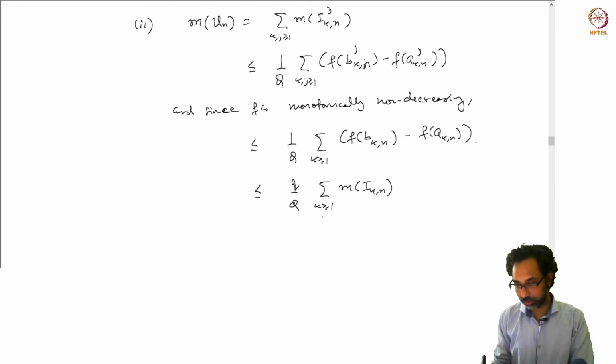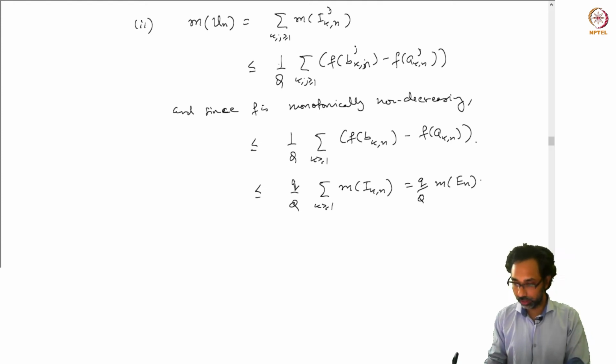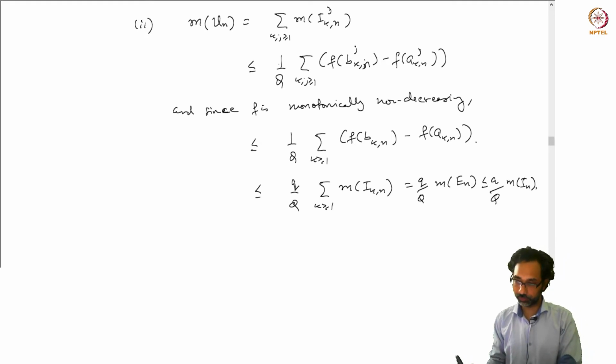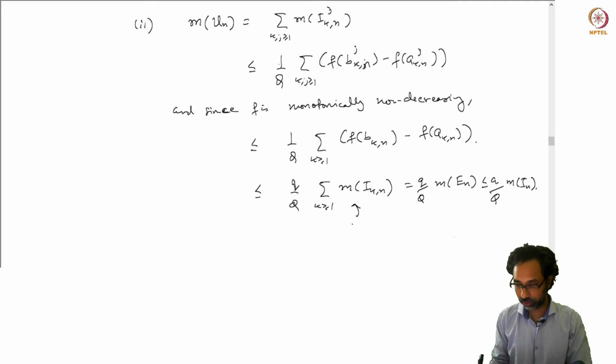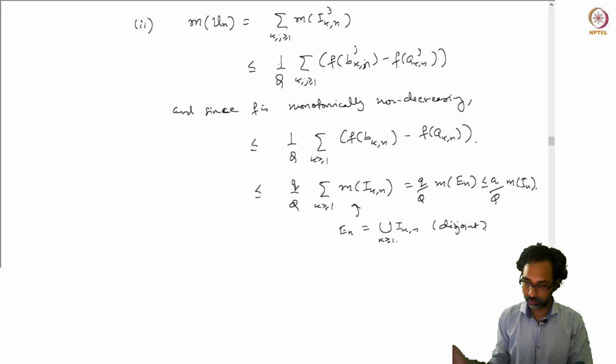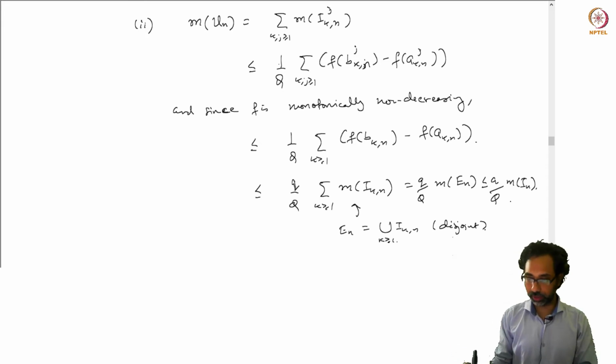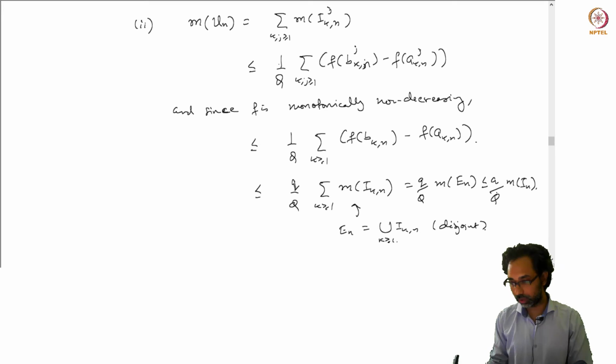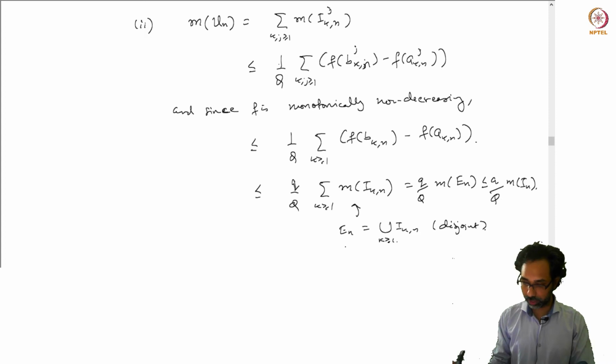But this is the set q over Q m of E_n, and this is less than or equal to q over Q m of I_n. This is disjoint, because E_n was the disjoint union of I_{k,n}, k greater than or equal to 1. So we get our result that m of U_n is less than or equal to small q over capital Q times m of I_n.